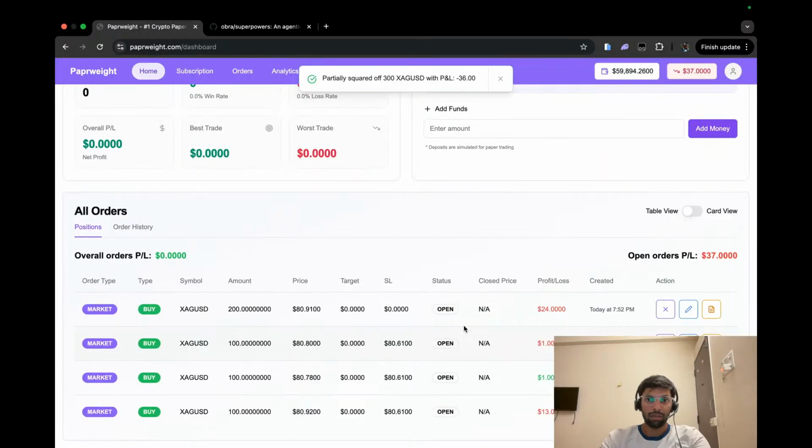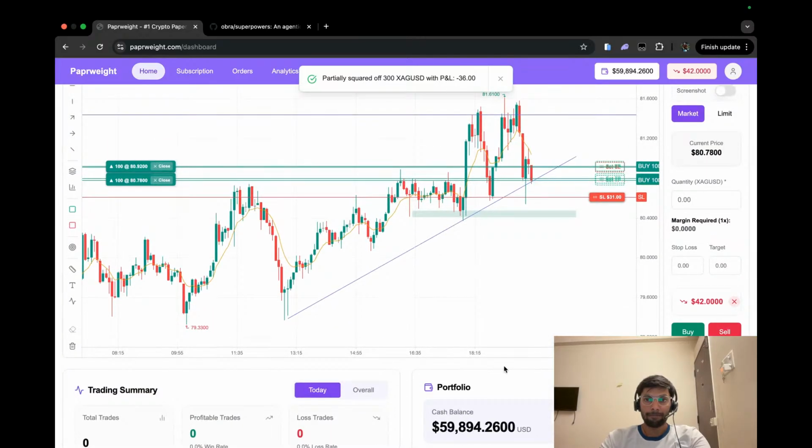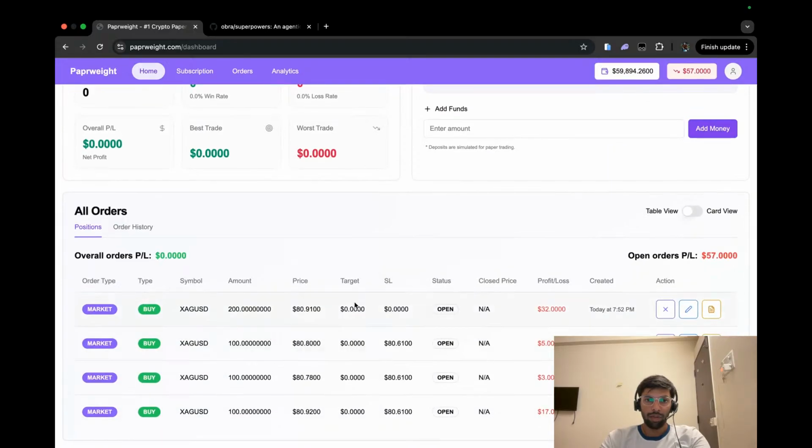Close quantity. So it's 200 quantity, 100 quantity, 100 quantity, it's 500 quantity already.